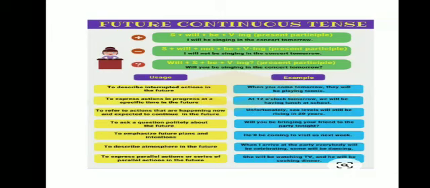That means it will be will not be, shall not be. Subject plus will not be plus first form of verb plus ing. Okay. In interrogative, same: will, subject and then be, shall, subject and then be, plus first form of verb plus ing and then the object.